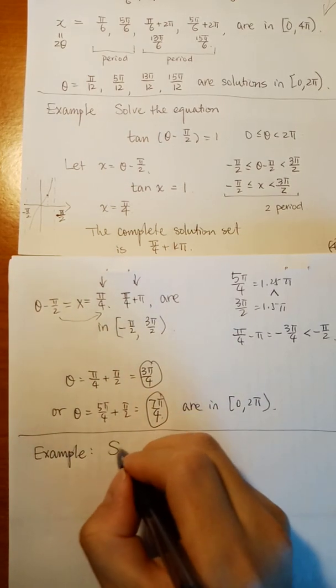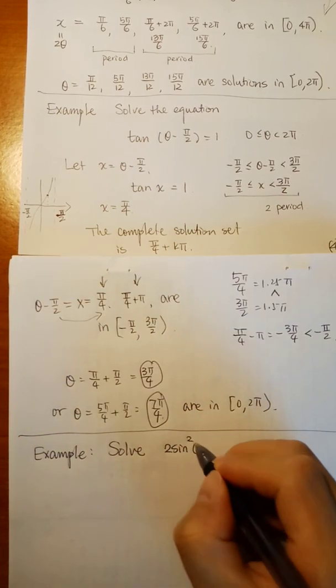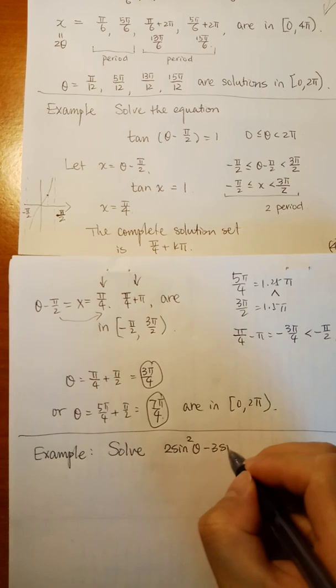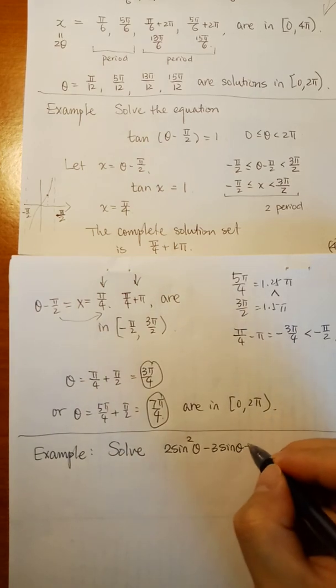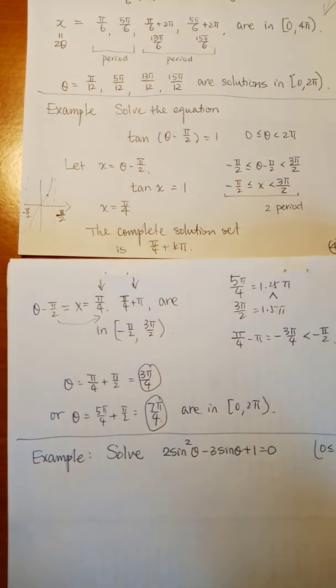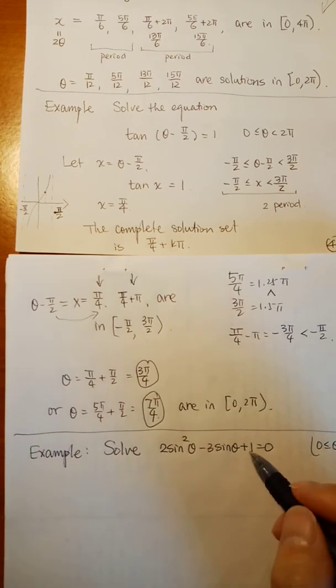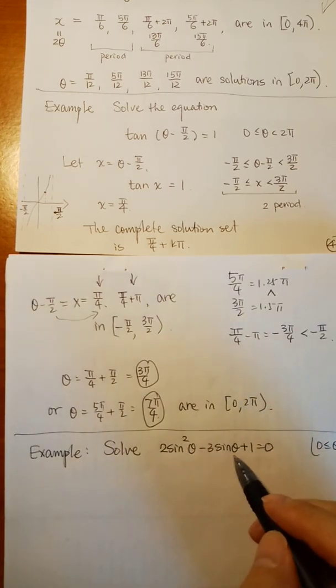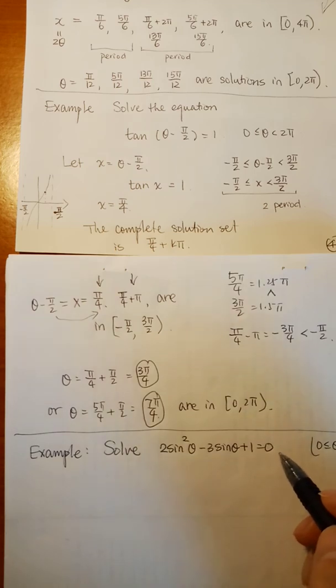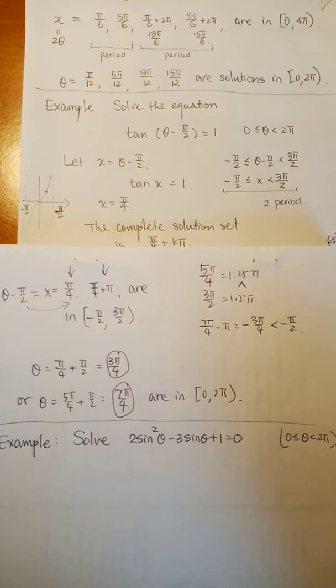For example, we have the quadratic equation involving trigonometric function. So 2 sine theta squared minus 3 sine theta plus 1 equal to 0. Theta is between 0 and 2 pi. So we have this quadratic equation.